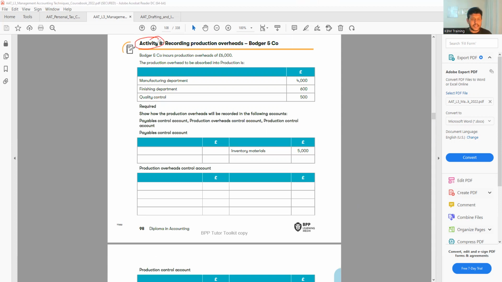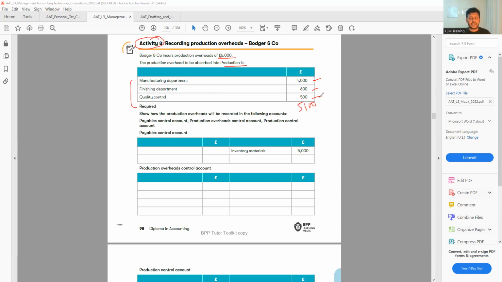It says the production overhead is 6,000, and the production overhead absorbed into the production is manufacturing department 4,000, finishing department 600, quality control 500. So from the production department, total overhead is 6,000 and absorbed into these 3 departments, total absorption is 4,000 plus 1,100, so 5,100.